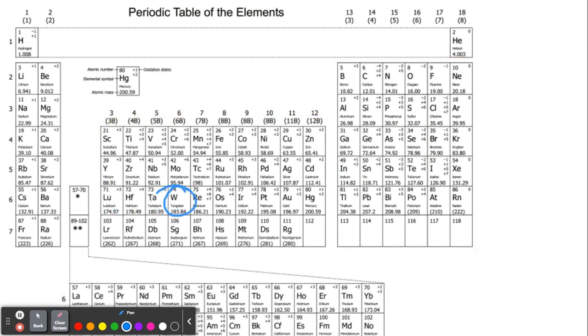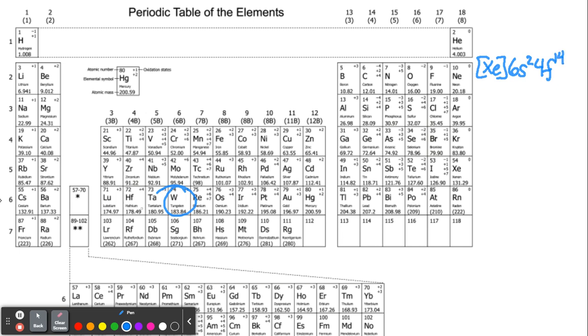If I was trying to write the electron configuration, I might ask you for the long form or the short form. If I'm looking for the short form, I find the noble gas before tungsten. That's xenon. And then afterwards, I know I have 2 electrons in 6s. I have 14 electrons in 4f.